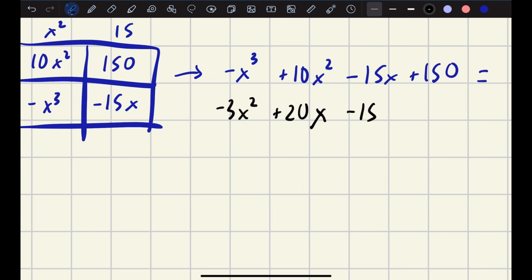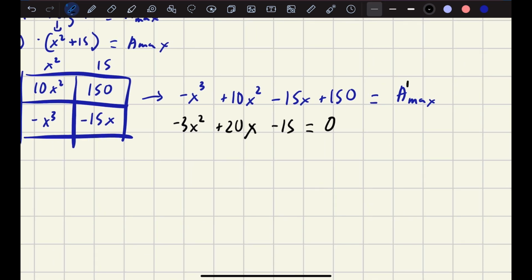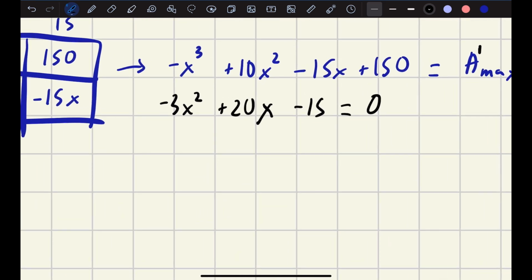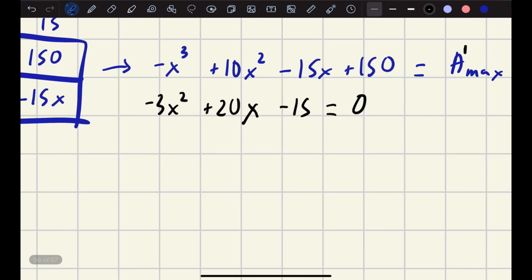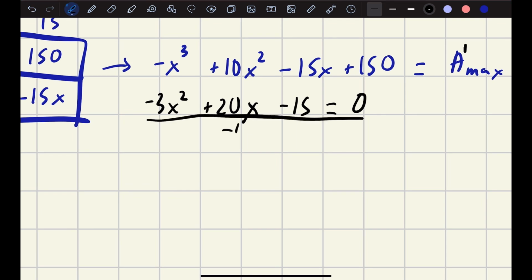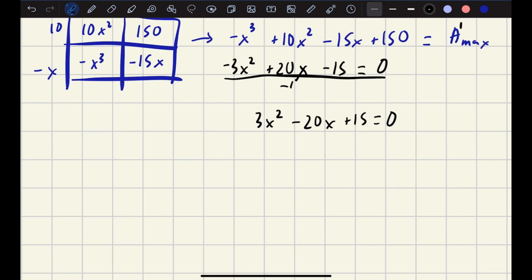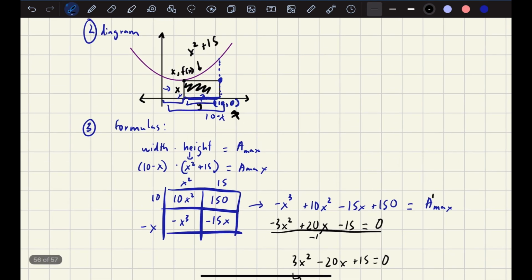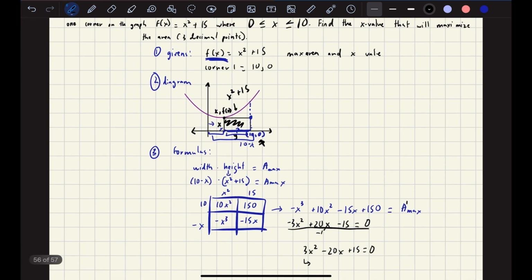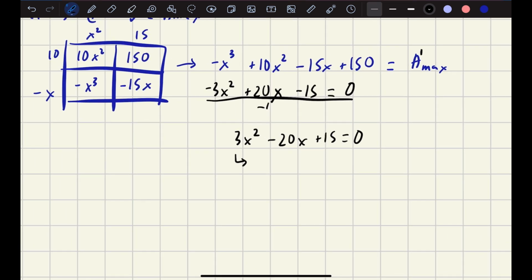And now we set this equal to 0 to solve for the value of x. So here, since we have a negative, we can just divide this whole thing by negative 1 just to make it simpler: 3x squared minus 20x plus 15 is equal to 0. And this is a Calc OK problem, so I would, from then, just insert this derivative. But make sure you put all of the work, because you won't get the points otherwise.